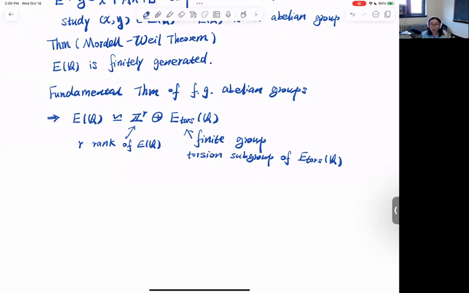So next, we break it down into two parts, right? The rank part and the torsion part. What do we know about each of the parts?